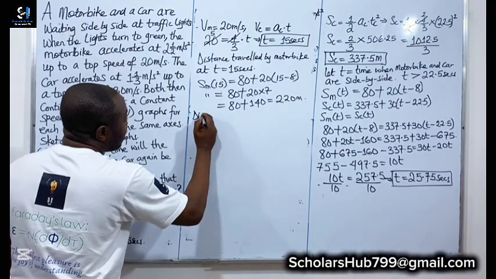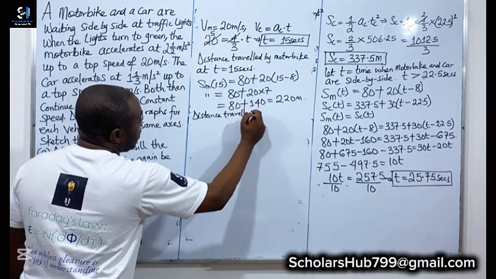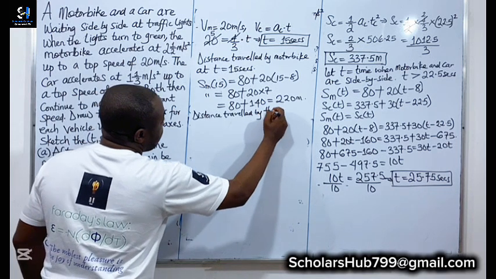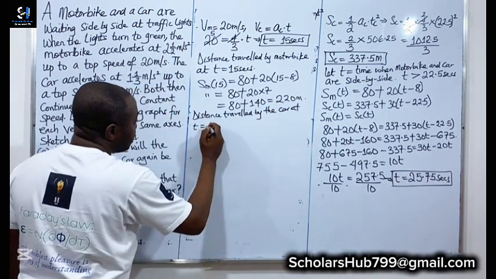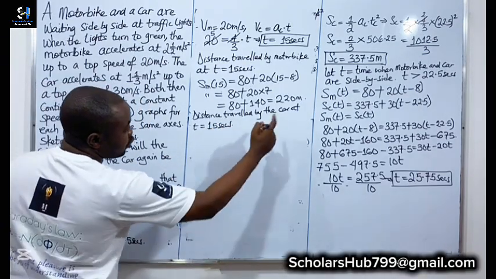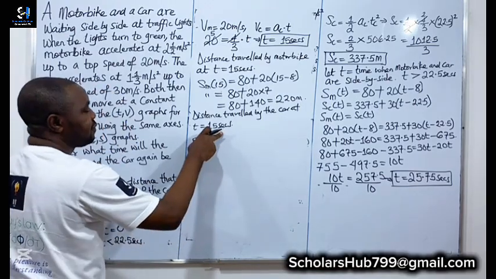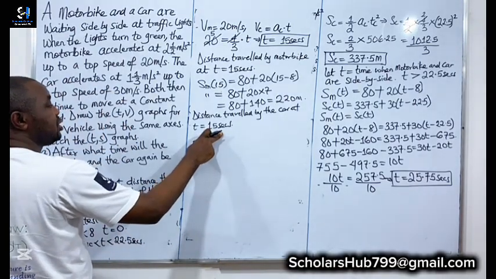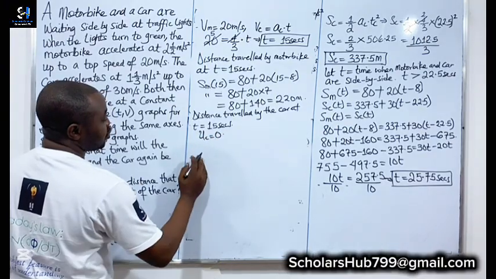Then also, let's consider the distance traveled by the car at t equals 15 seconds. Because when it is 15 seconds, the initial velocity of the car will be equal to 0.